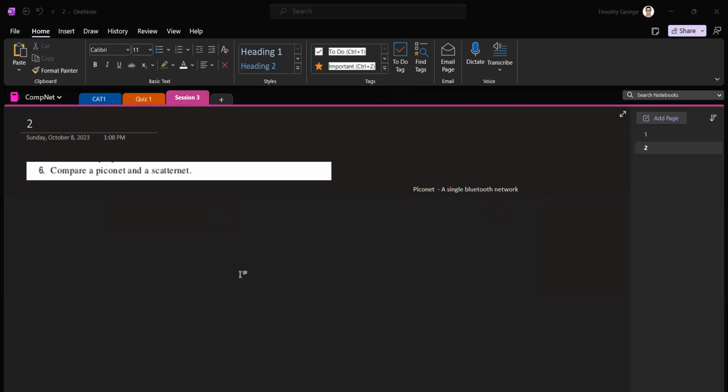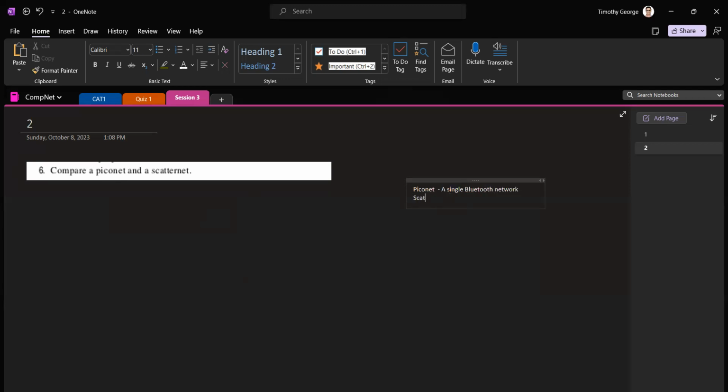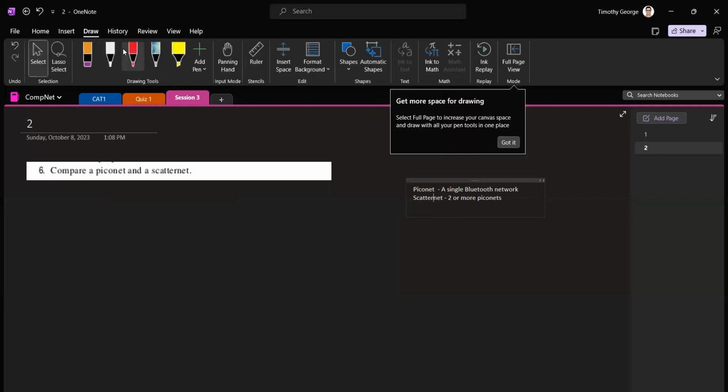Scatternet is just two or more piconets. That's the only difference between these two. A piconet is a Bluetooth network where the whole network, source, destination, everything combined, becomes one piconet.